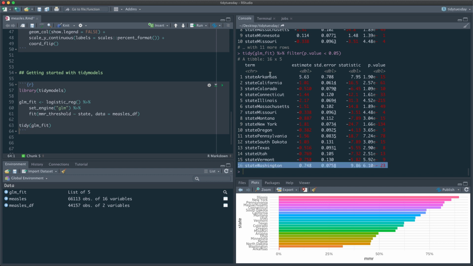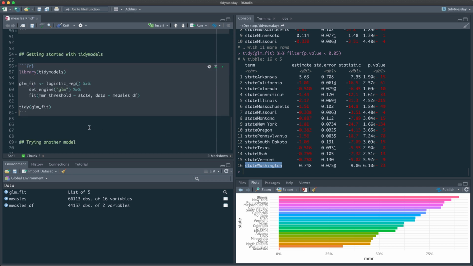Washington is also down here, so it is likely to be different than Arizona. Everything else we see is on the other side, meaning that it has higher values of being above the threshold. So that's good.